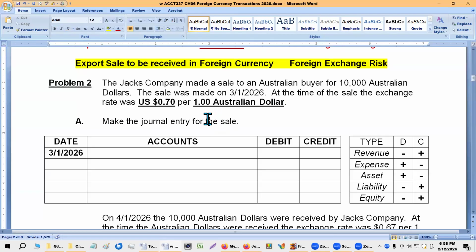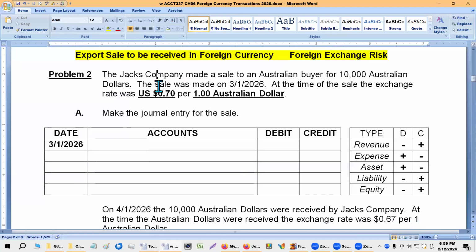Okay, what's the journal entry going to be? We're going to use US dollars. Okay, the sale was made.